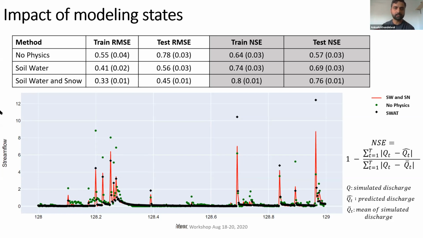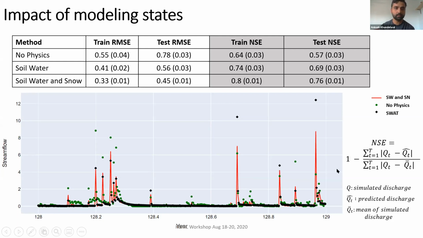And the green circles are predictions from a no-physics model. And the red line is from a model that has soil water and snow as intermediate states being modeled.